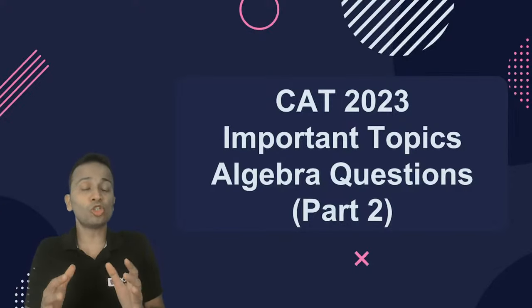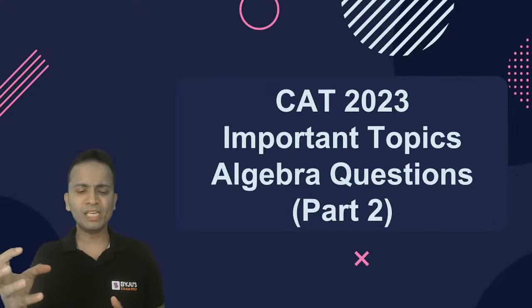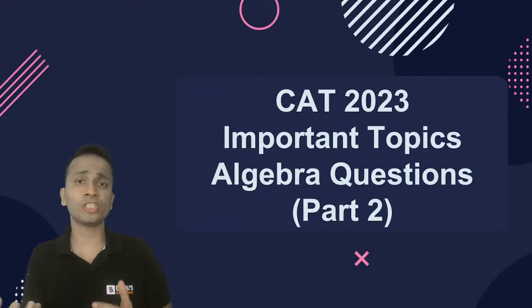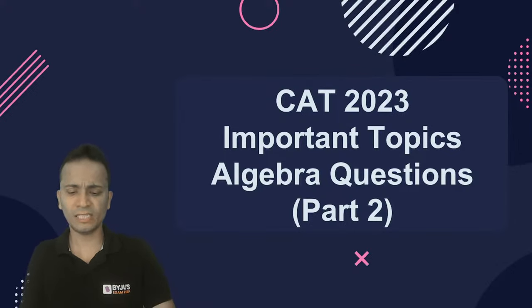Now you should start plugging those gaps in your preparation. Ankit, I believe these two, three types of questions might be bothering you. So identify those areas, identify those types of questions, and start solving them.